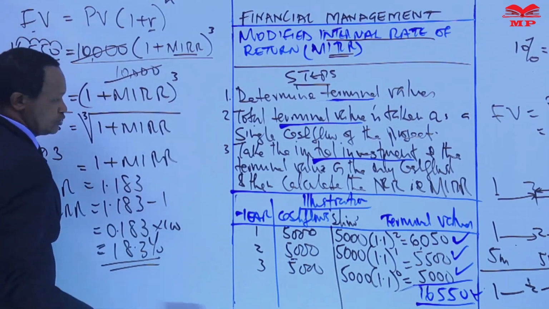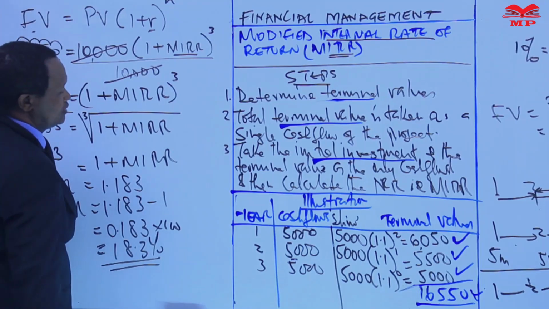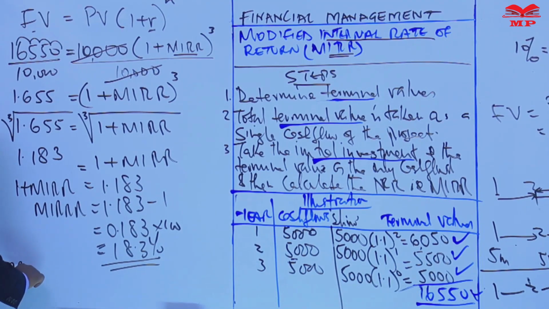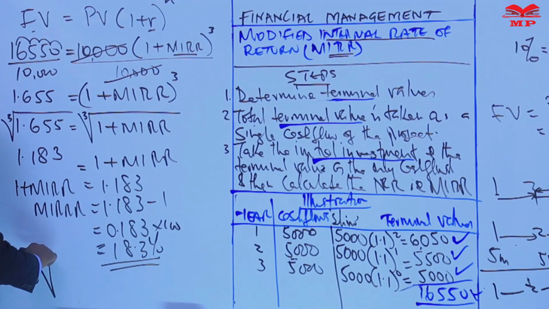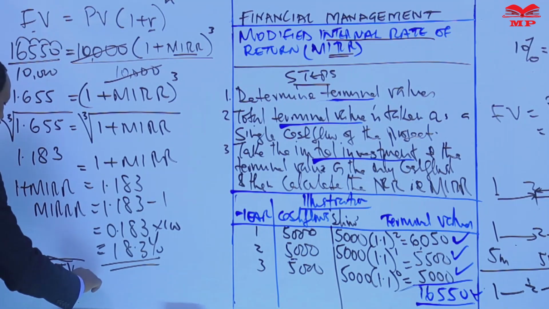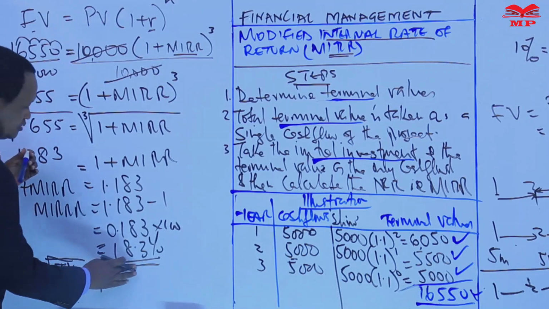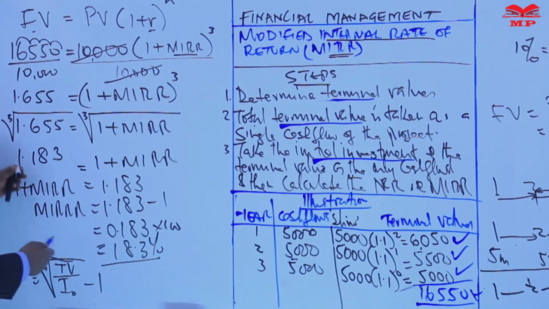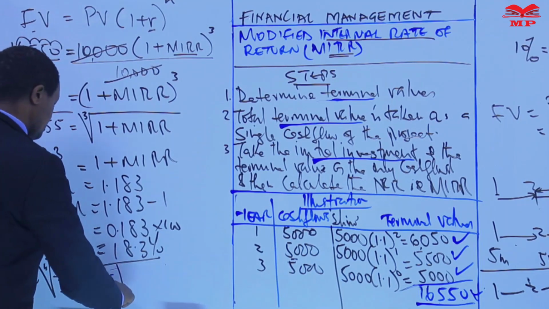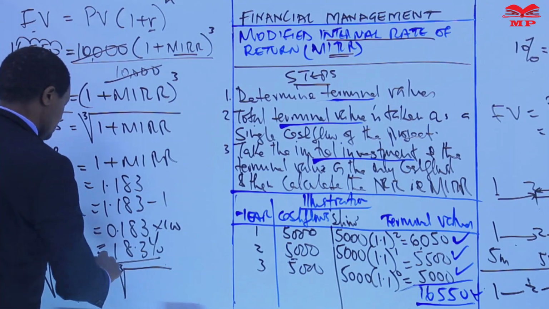We are taking the longer route because we are learning candidates. But if you are to use a formula I had written earlier on, remember this formula. MIRR should be equal to the nth root of the terminal value over initial investment minus 1. So if you are to apply this here, you will have the nth root, which is the third root.